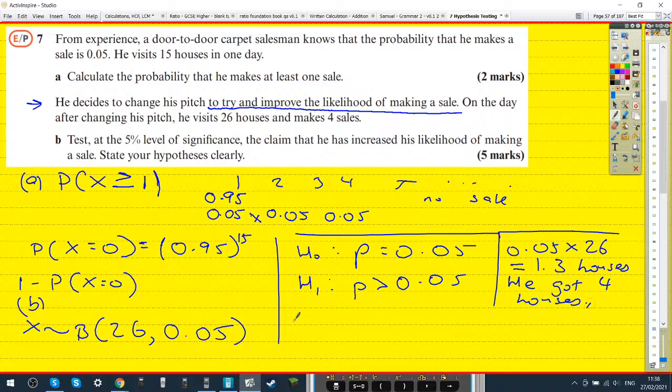Say it again. 0.03874. Okay, what do you do with that? And then you state the hypothesis.